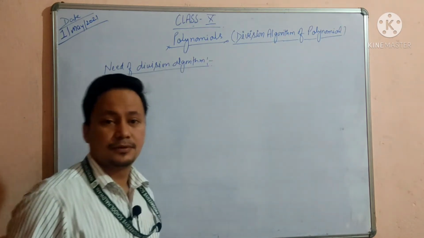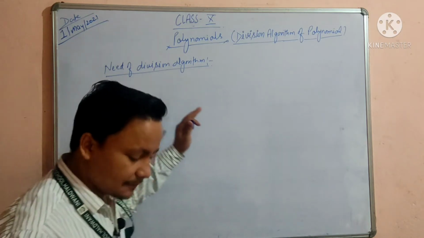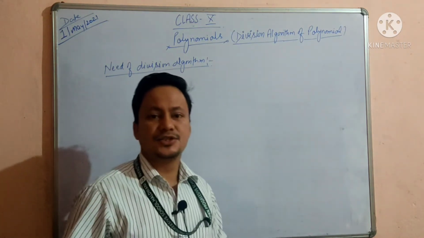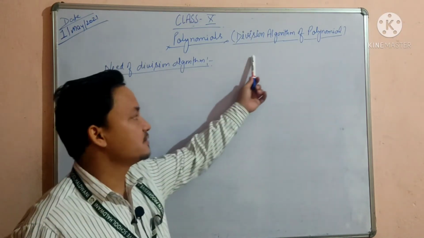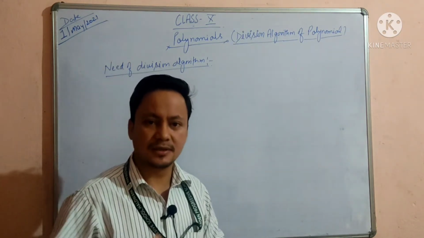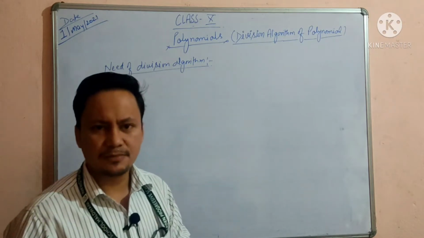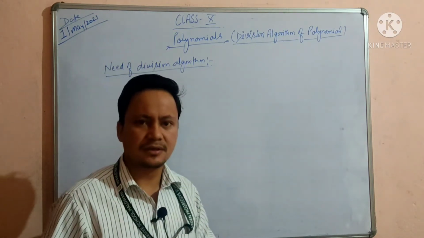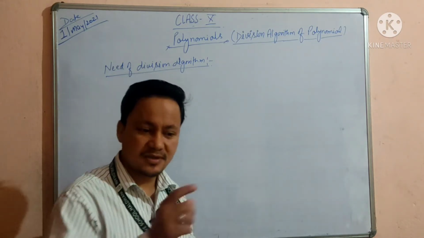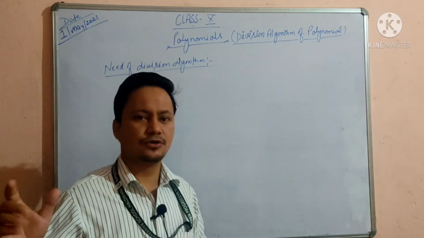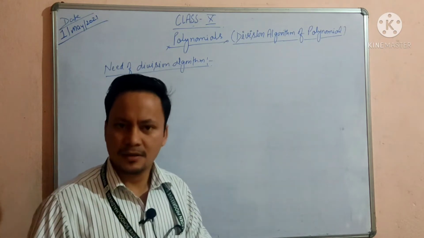So what is the need of the division algorithm? To find the zeros of any cubic polynomial, we need to define the division algorithm. There is no other case. When we have a quadratic polynomial, we can split the middle term and find the two zeros. In the case of a linear polynomial, we just put the given linear polynomial equal to 0 and find the zero.